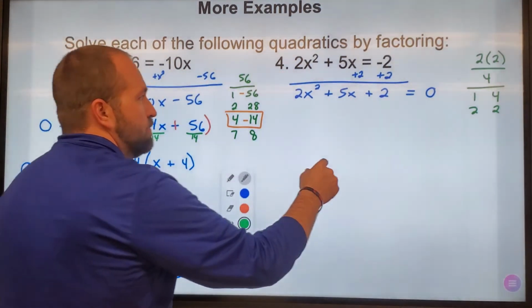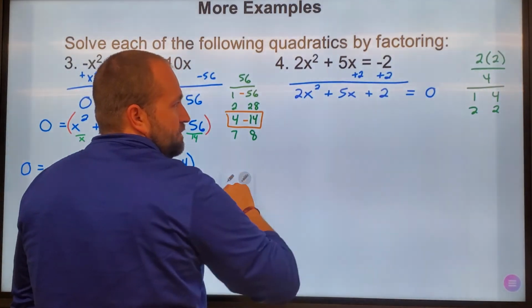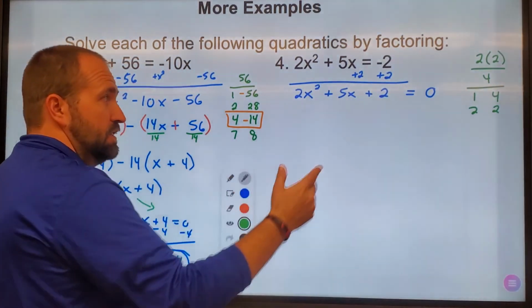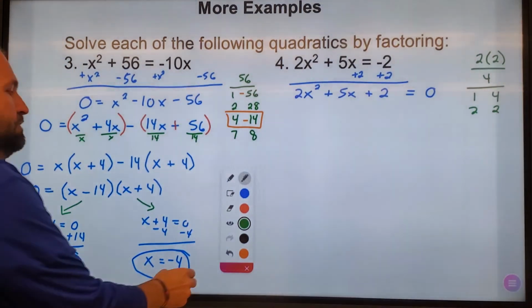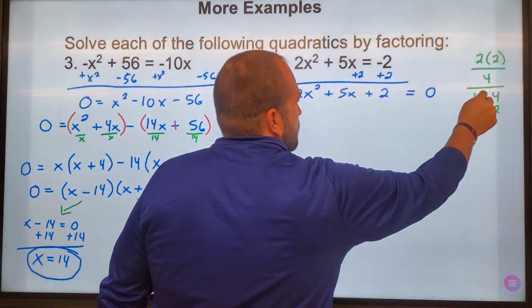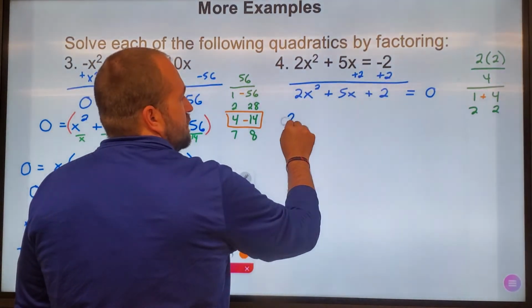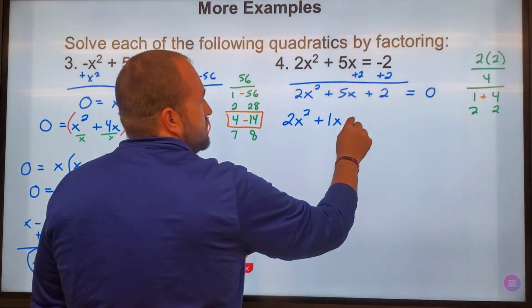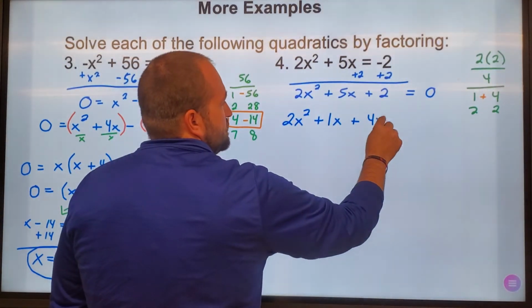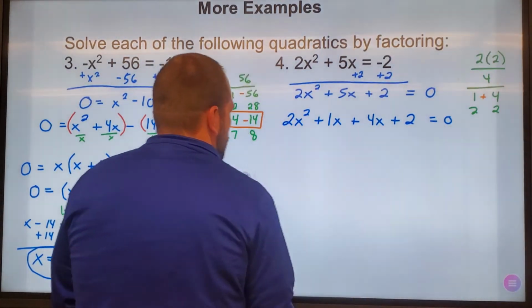Again, working my way backwards, I want the set that adds to get 5. Hopefully that's pretty clear that 1 plus 4 equals 5. So now I rewrite 2x squared plus 1x plus 4x plus 2 equals 0.